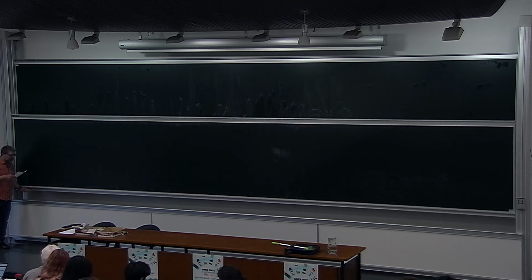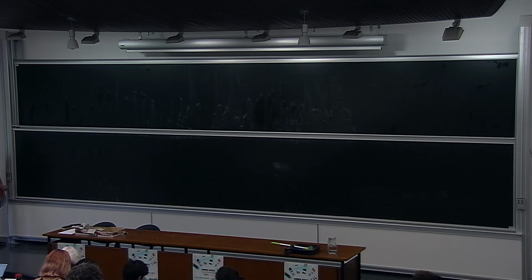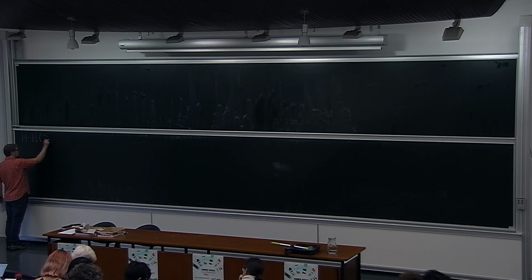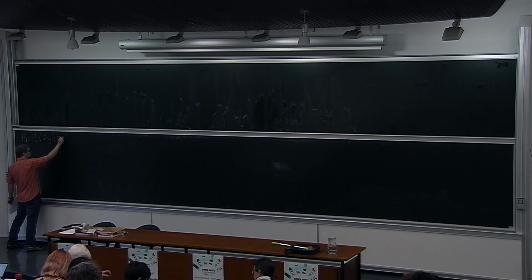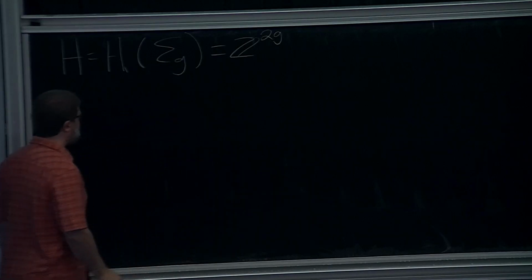So anyway, I'm going to continue my discussion of the mapping class group. I'll recall my notation as I discuss it. So let's let H here be the first homology group of our genus G surface. That right there, of course, is Z to the 2G.